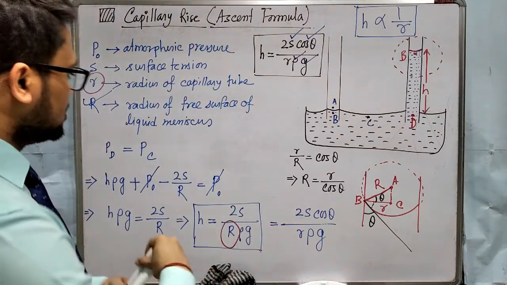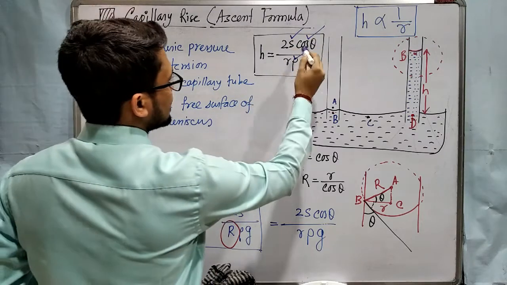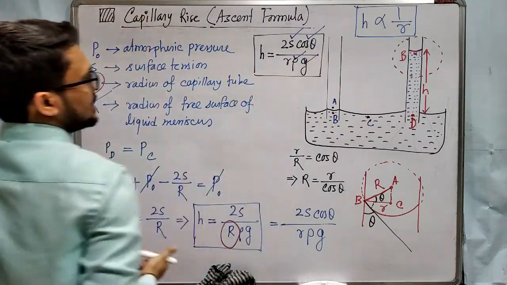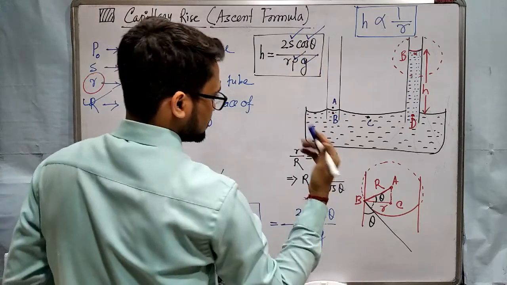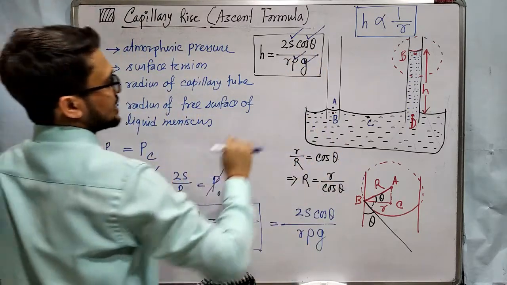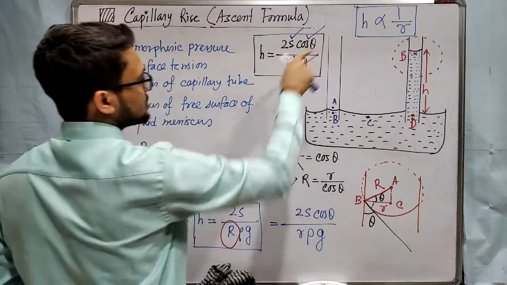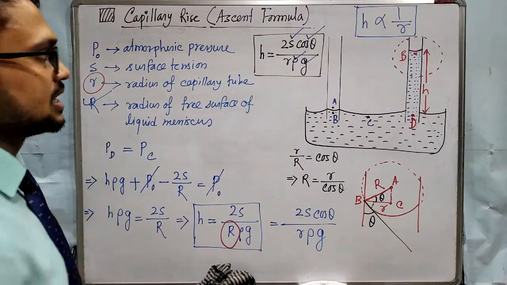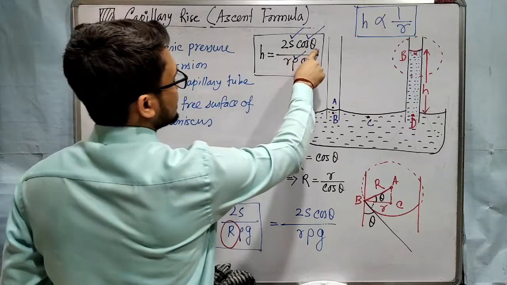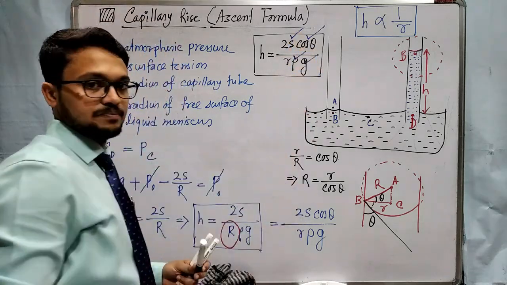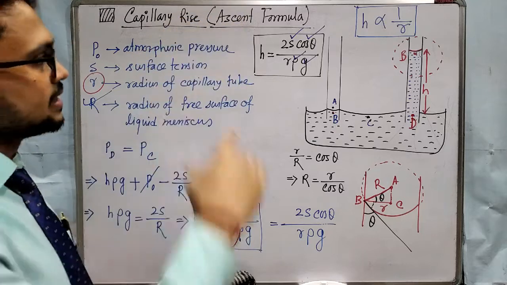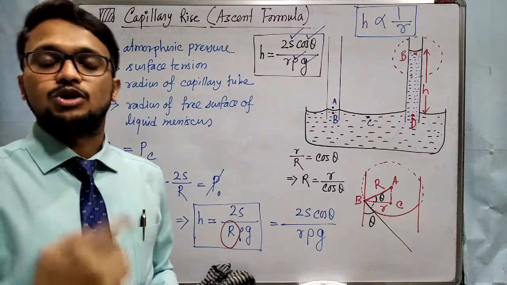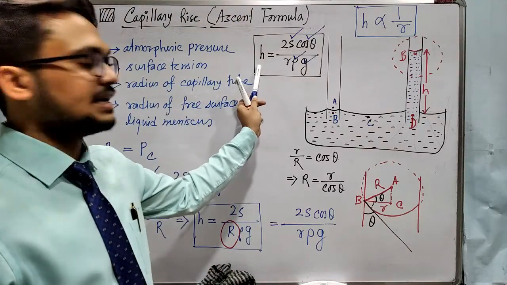Now if you look at this formula, here we have taken that kind of liquid and solid in contact for which theta, the angle of contact, is less than 90 or acute. If theta is acute, then we get cos theta positive. That means it will go up. If theta is greater than 90 or obtuse, then we get this height negative.